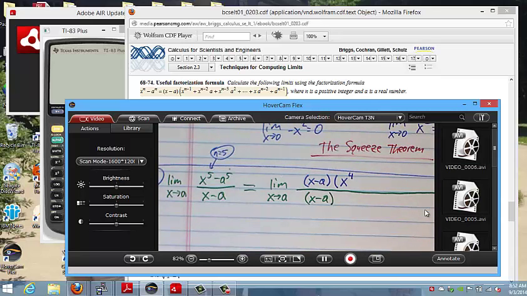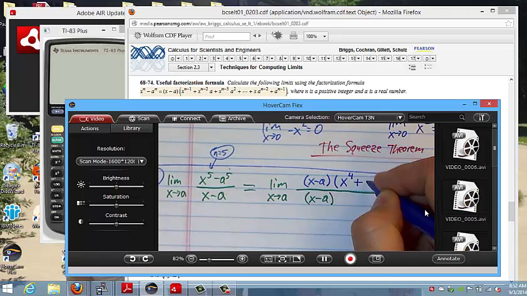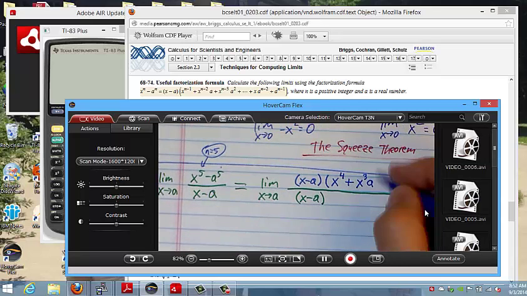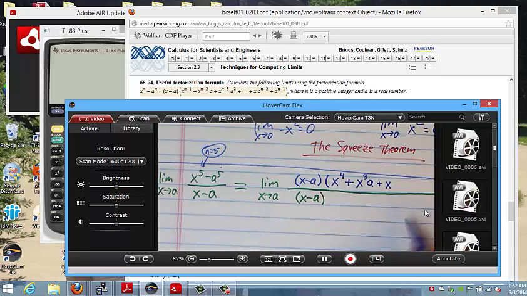And then I'm going to write plus x to the n minus 2, so x to the 3rd, and I'm going to write a, because that's part of the formula. Then now we want n minus 3, so x squared, and we're going to write a squared. And then it says dot, dot, dot.